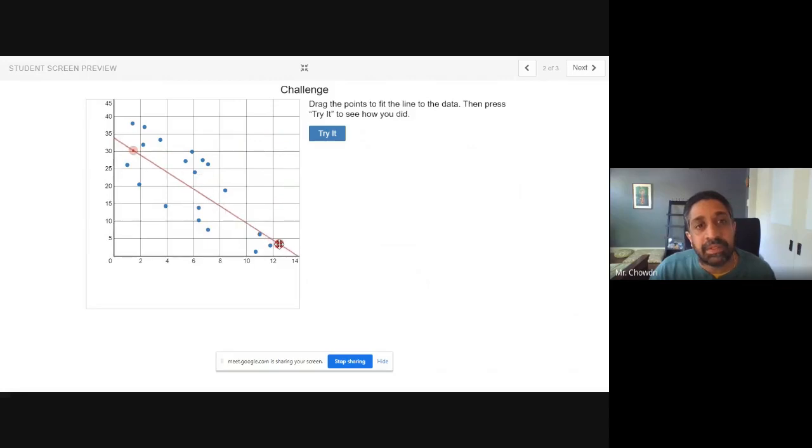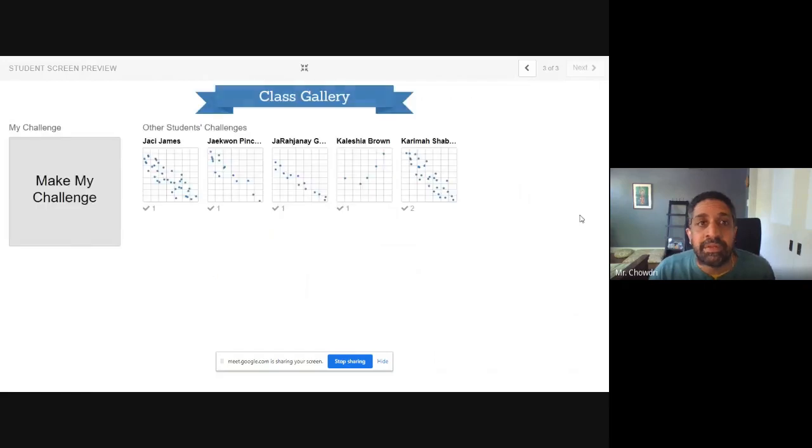And what if I try this? Boom, we're in the green, right? So this line is a pretty close approximation of the relationship between this x variable and this y variable, whatever they happen to be. And so now it's green, so then you can go to next.